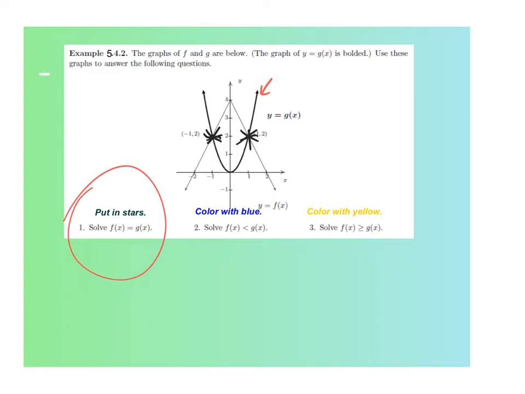Where is the red function below the black function? That's the question. I would think of it this way. But really, it's like from here over. And those are the x values.